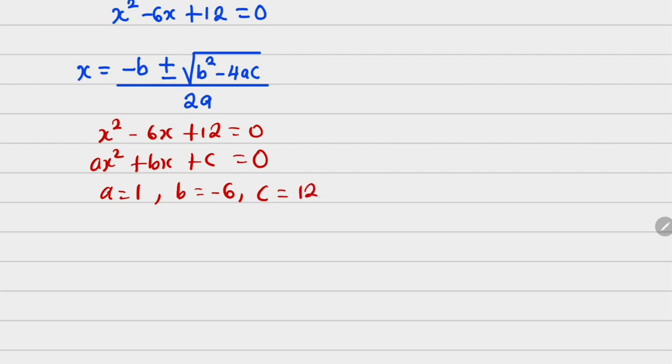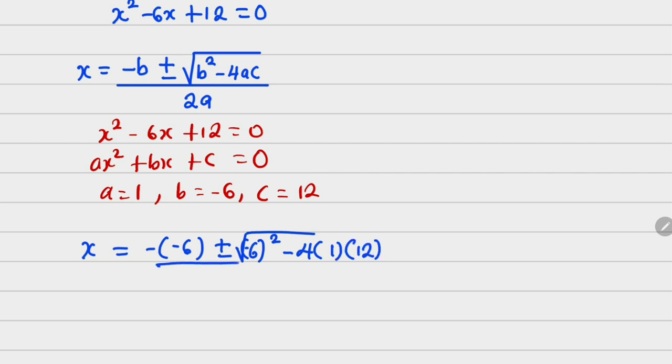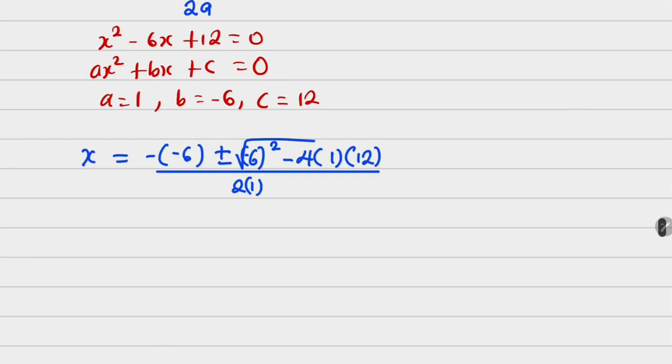is equal to 12. So substituting in the formula, I'm going to have x equals to minus, then we have minus 6, okay, then plus or minus root of minus 6 squared, all right, minus 4 into a, which is 1, then we have 12, and this will be all over 2 into 1.